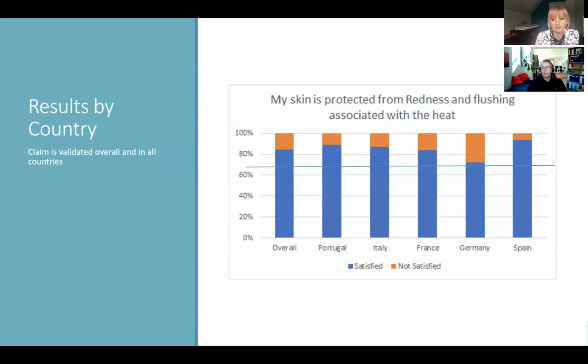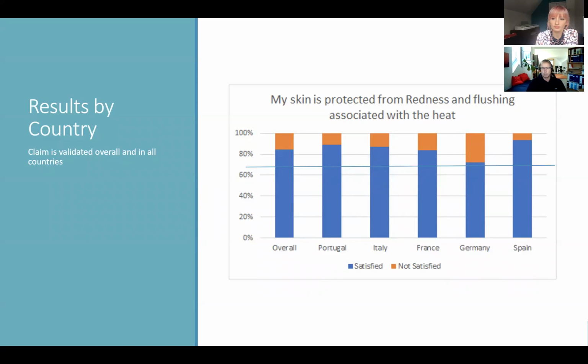It's also worth looking at this on a country level. And here I've graphically visualized the results per country. Again, we saw that overall it was 84% who agreed to that, but you see some smaller differences between countries, with the highest agreement in Spain and the lowest agreement in Germany.